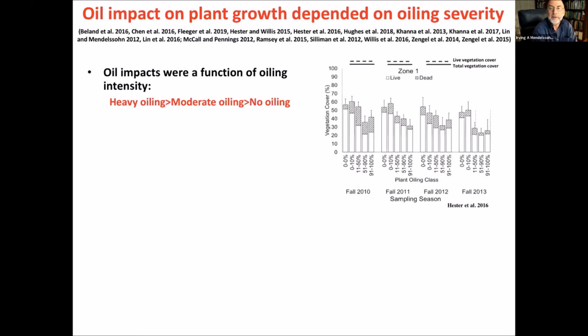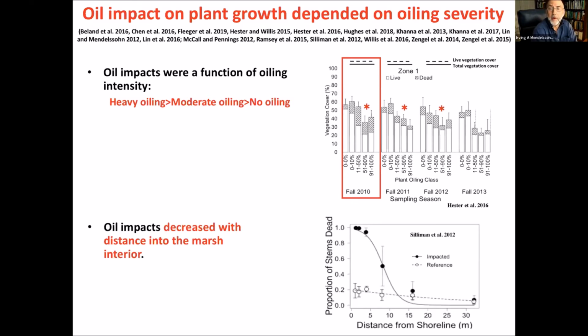Hester et al. found similar results over a much larger geographic area for the totality of the Louisiana Delta Plain, with more severe oiling, as indicated on the x-axis here, reducing vegetative cover. And similar effects were observed in the 2 years following the spill as well.